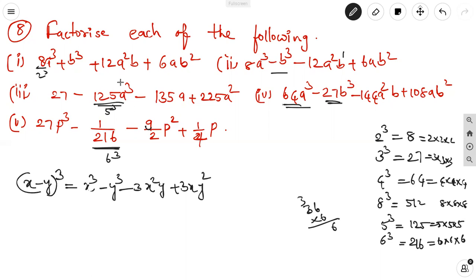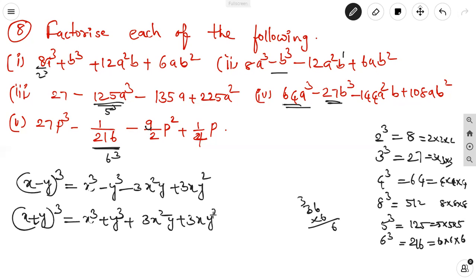So this is related to x minus y whole cube, but x and y terms are different. It is also related to x minus y whole cube. The last four are related to x minus y whole cube only. Only in the first one all terms are positive, which means it is related to x plus y whole cube. It is equal to x cube plus y cube plus 3x square y plus 3xy square.